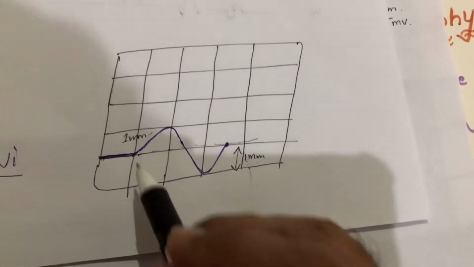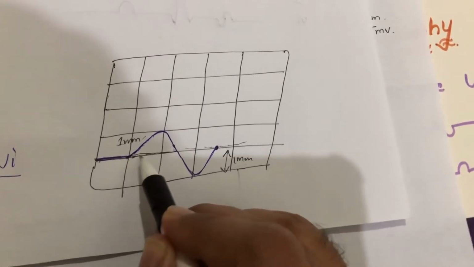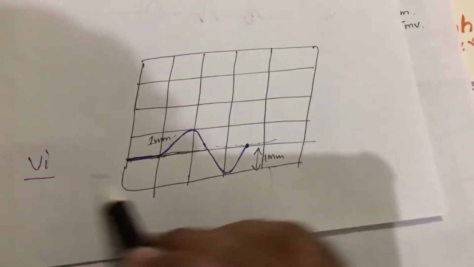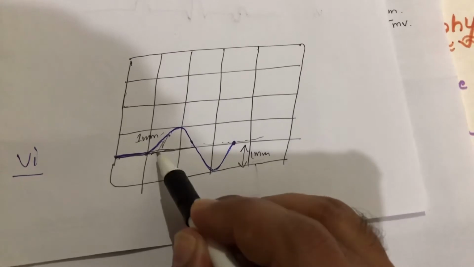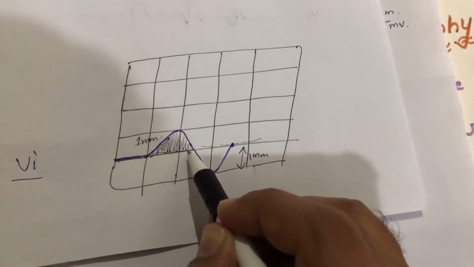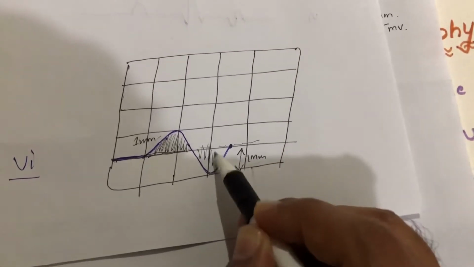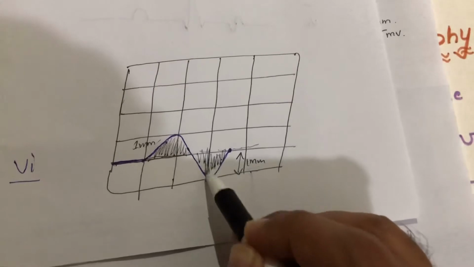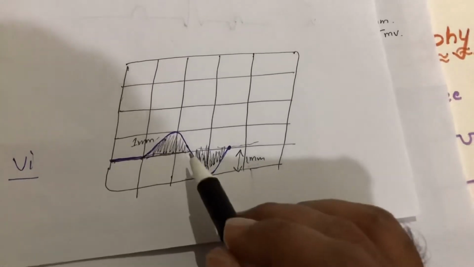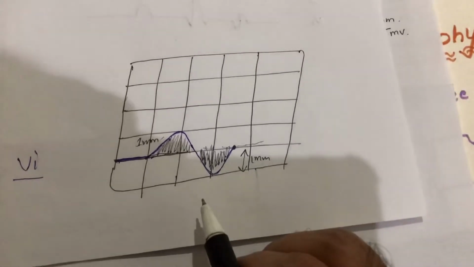There is one more thing. This upward part of the biphasic P wave in lead V1 shows the depolarization of the right atrium, and the downward deflection shows the depolarization of the left atrium.